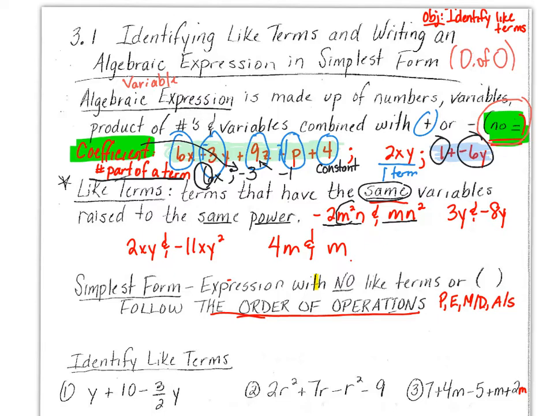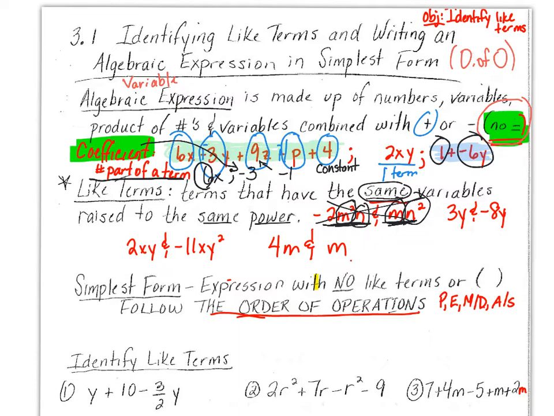This one has m squared. This one only has m. Those are not like terms. They cannot be like terms because they don't have the same power or exponent. And neither did the n. That would have been n, and that would have been n squared. So that's like having a mango and a, what do you think?